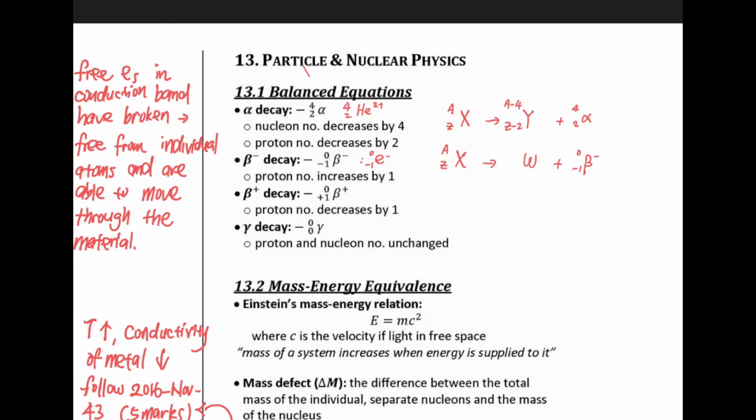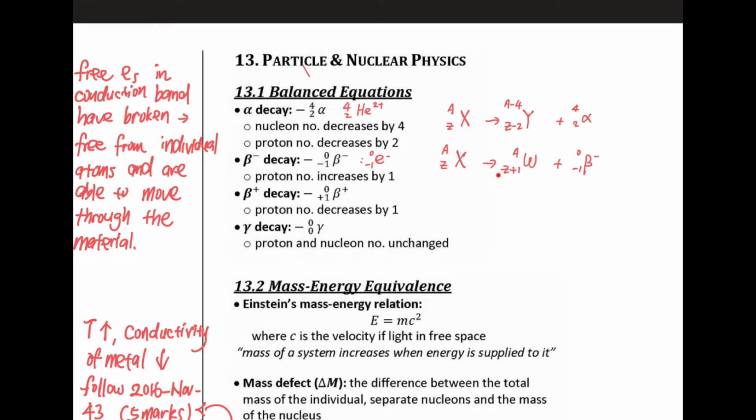So if you see the number on top, this is A, this is 0, then here has to be A. And if you see the number at the bottom, if the left hand side is Z, then here is minus 1. So in order to get back Z, it has to be Z plus 1. That's why the minus 1 has its significance here.